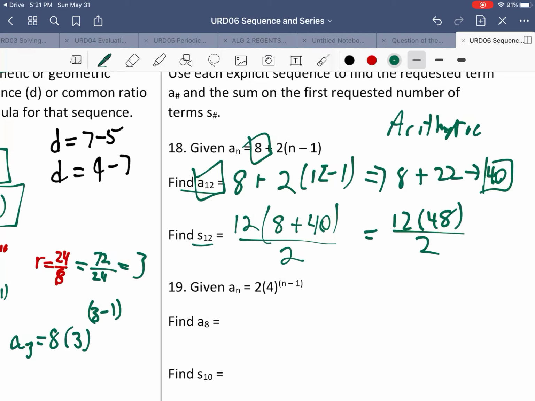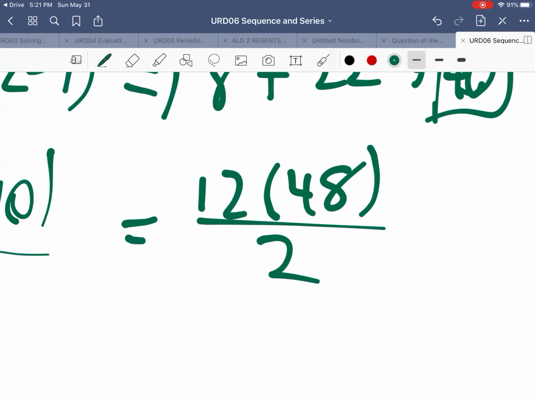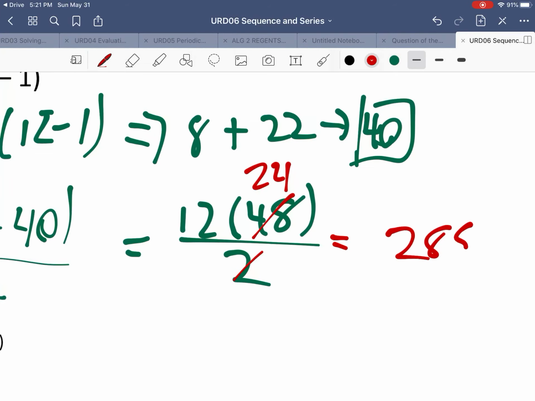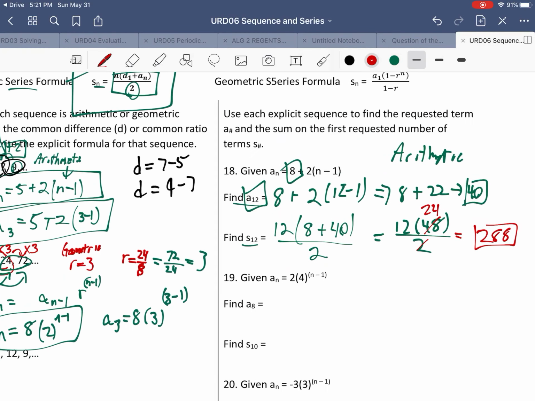So this is going to be 12 times 48 divided by 2. We're just going to calculate that. 2 goes into 48 24 times. So this is just 144 times 2, or 288.